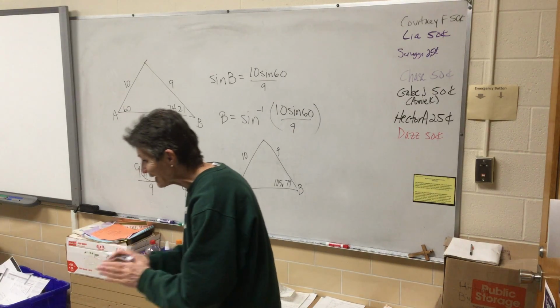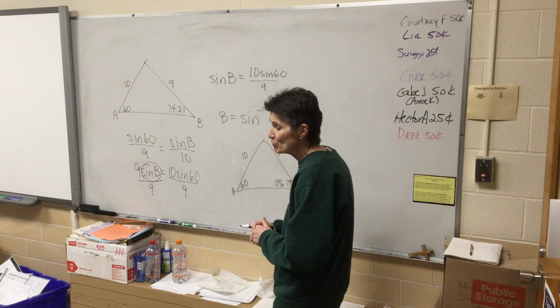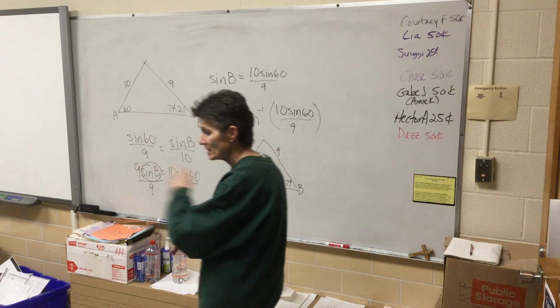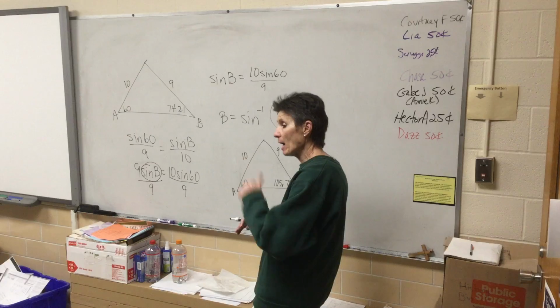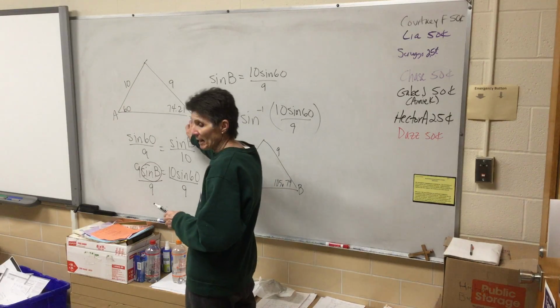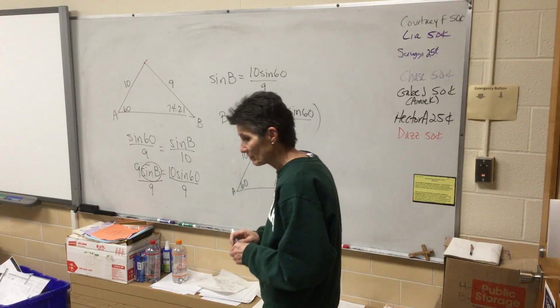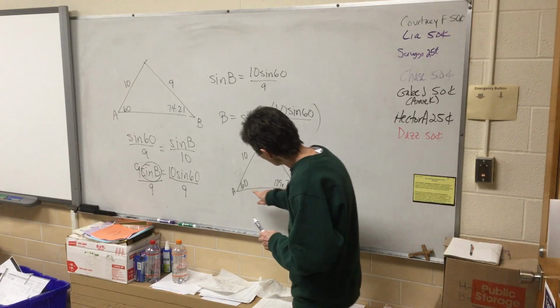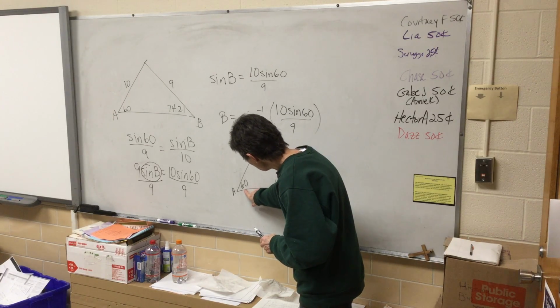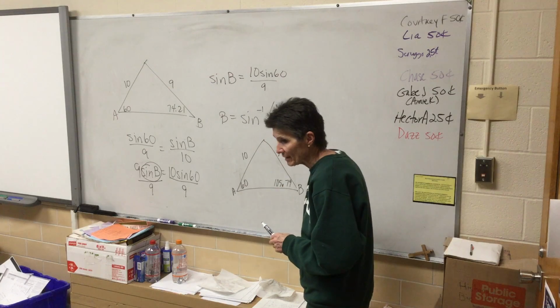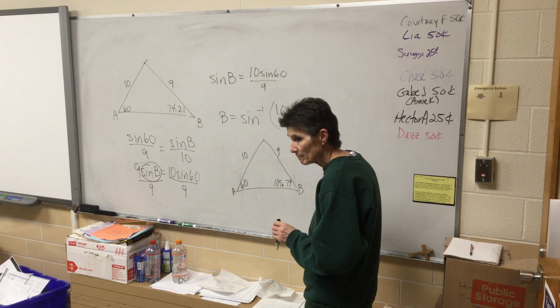If you get an angle B, then you've got to check to see if there's another angle B. And the other one will be 180 minus the first one. Now, is this going to work? Can I have a 60 and a 105? Will that work?